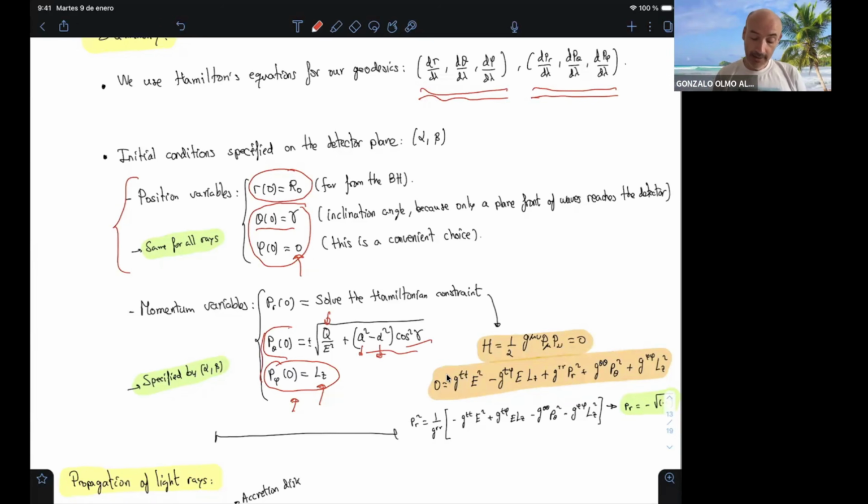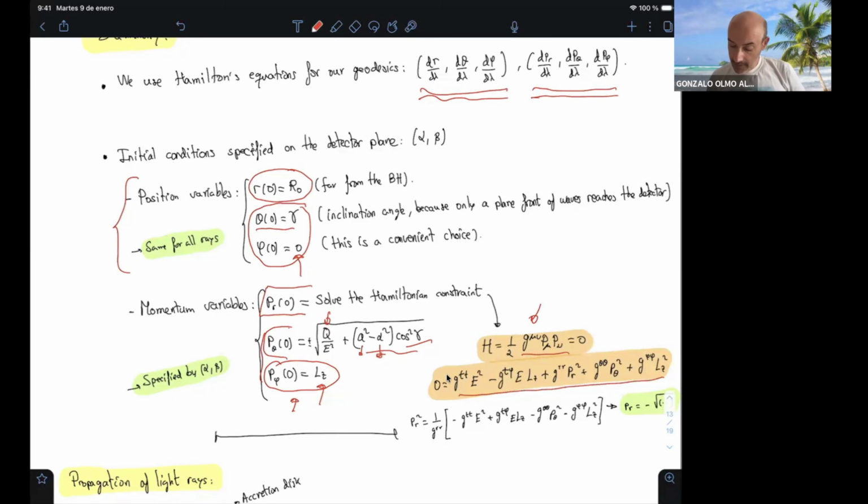The only remaining component that we need to integrate the equations is the initial radial momentum of the photon. This is the most algebraically complicated part, but it's trivial, because from the Hamiltonian constraint, for photons, the Hamiltonian is 0. So we just need to sum all these quantities, that is written explicitly here for rotating metrics.